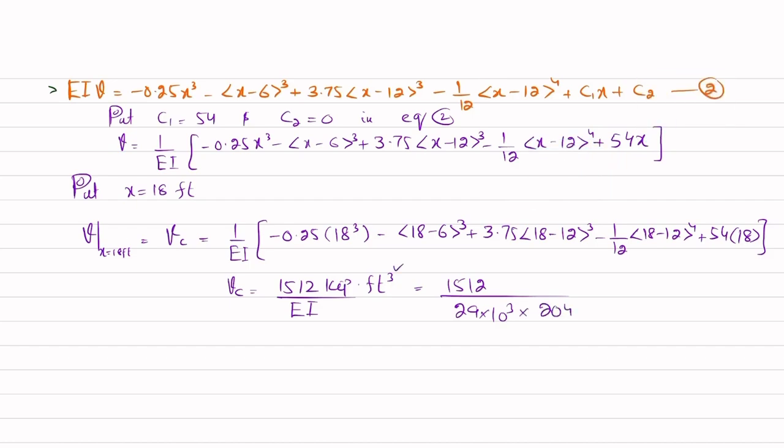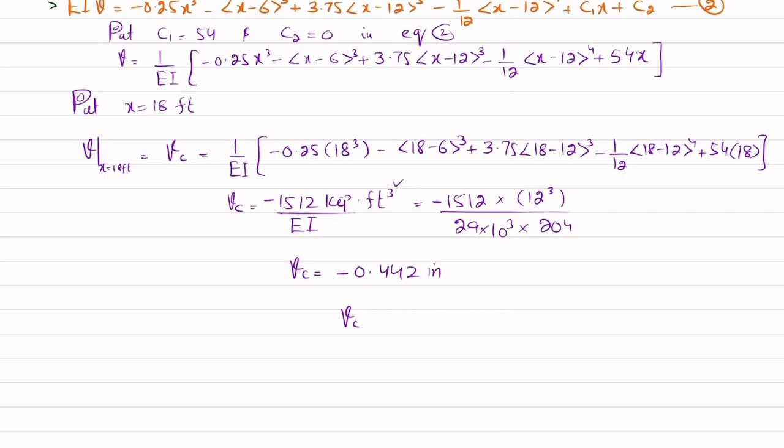But here we have feet, so we'll convert, 1 feet is 12 inch, so 12 cube. When you solve this, you will get deflection at point C equal to minus 0.442 inch, or you can say that the deflection at point C is 0.442 inch, and that will be downward. So this is the answer of our second part.